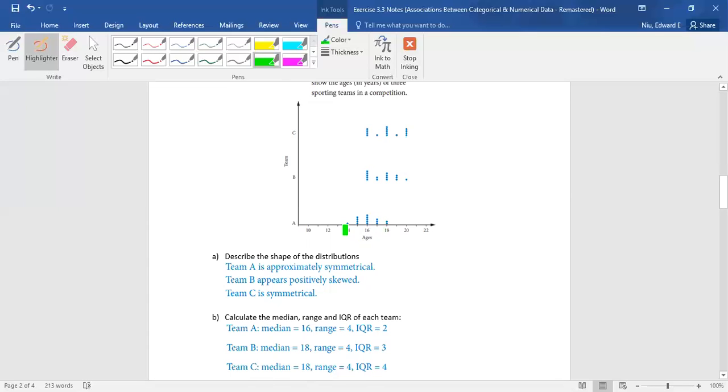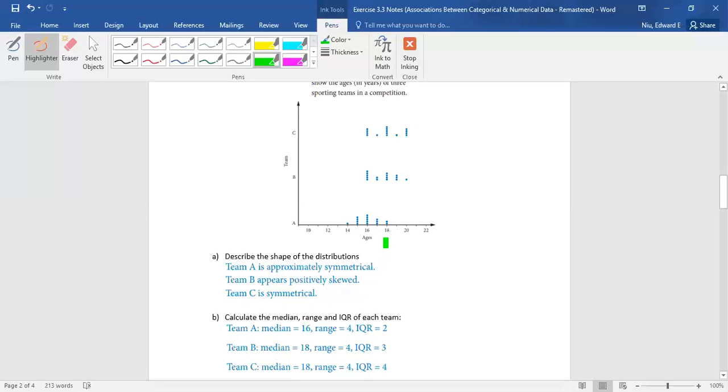When you get a split like 7.5, you just round it up to the next whole number to get your median. So 1, 2, 3, 4, 5, 6, 7. This dot here that I'm hovering over is the median, which is 16.